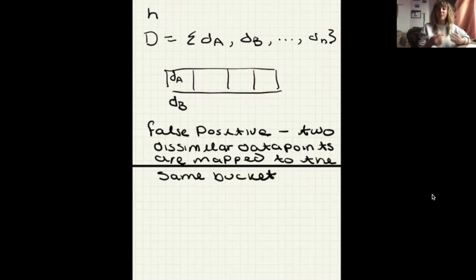Can we do anything about this? Yes, this can be completely eliminated, and I'll go over how to eliminate that.